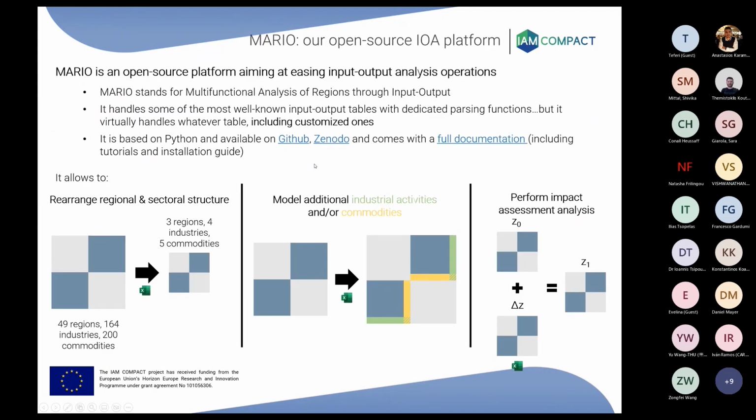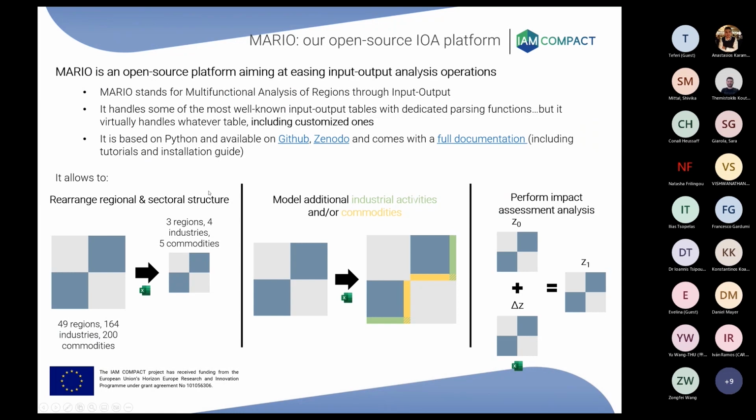one thing to say is that we have developed the DyNERIO Python package, which stands for multifunctional analysis of regions through input output, and is essentially a database handler. We recognize that handling an input-output data set implies handling huge input-output tables that collect a lot of numbers that need to be handled in order to deliver detailed models that can be used for scenario analysis.